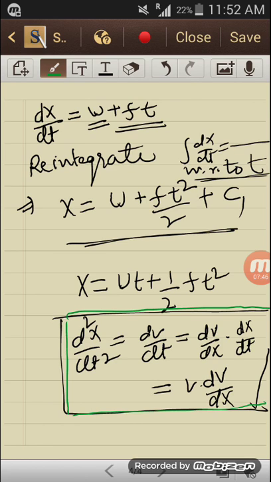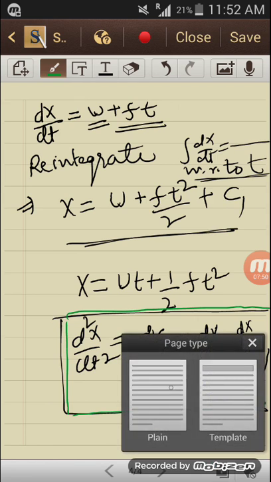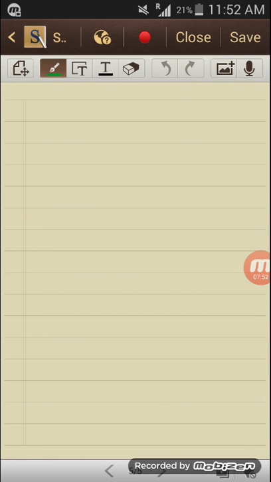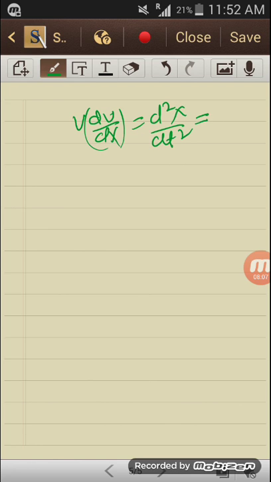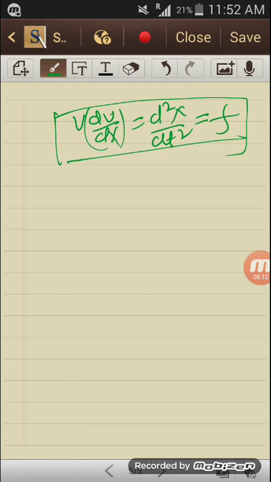Now we will integrate. Initially I have equations first, second, third, fourth. If we use equation first, v dv by dx equals f.